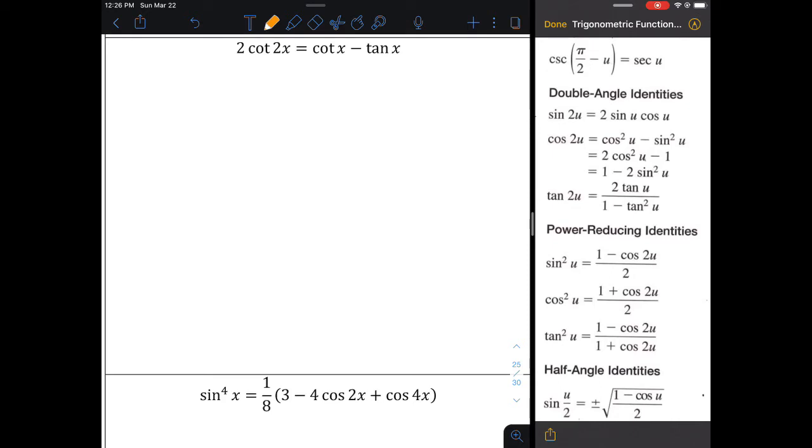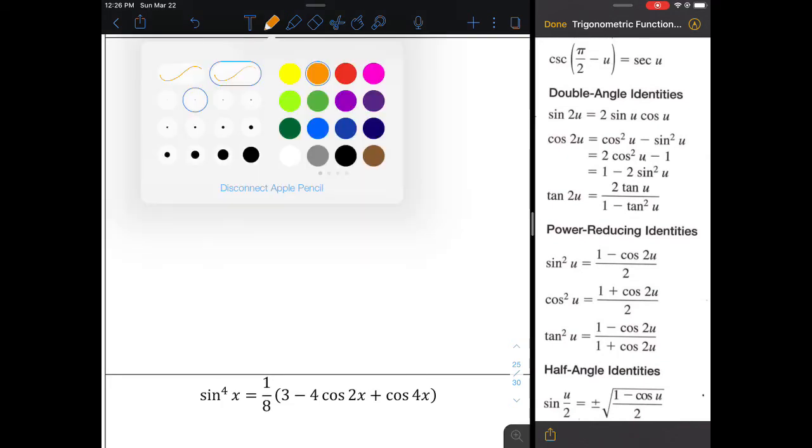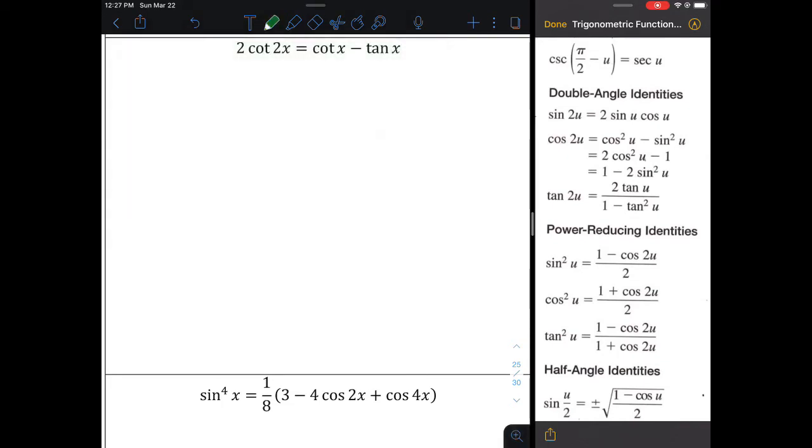And so something that we could do here is rewrite cotangent as a quotient of cosine and sine. So I'm going to rewrite this to be 2 times cosine of 2x divided by sine of 2x. So I rewrote cotangent as cosine over sine.